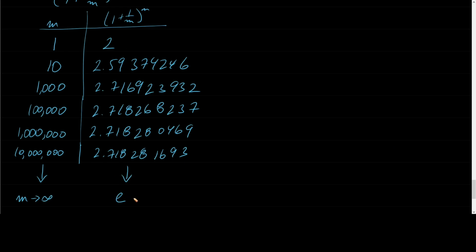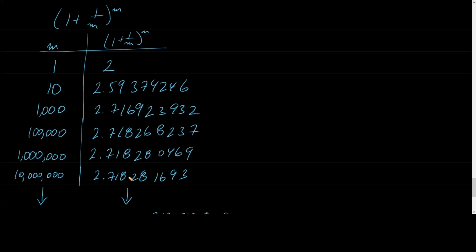Because remember, E was 2.718281828459, and a whole bunch of other stuff. But that's already pretty close to E, right? 1828169. That's pretty close.